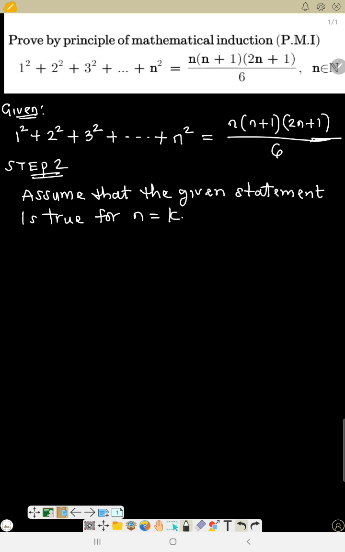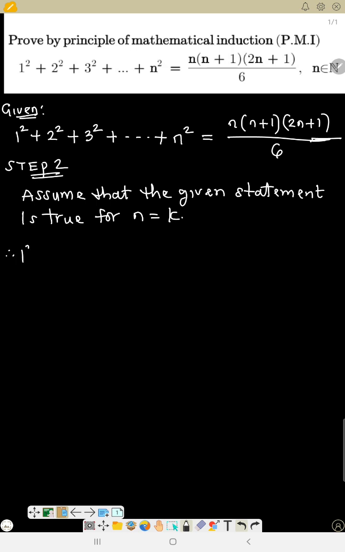Remember, if you are proving that it's true for n equals k, you will rewrite everything like your question, but change all the n to k. That's just the difference. So write all the question but change everything to k. So assume that the given statement is true for n equals k.